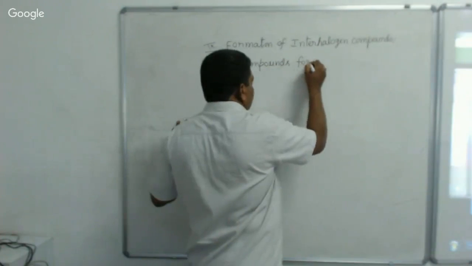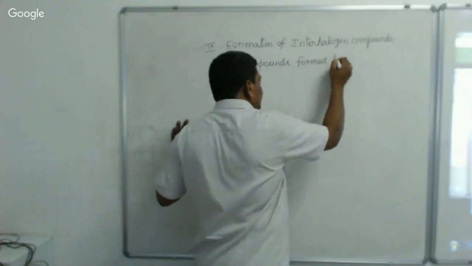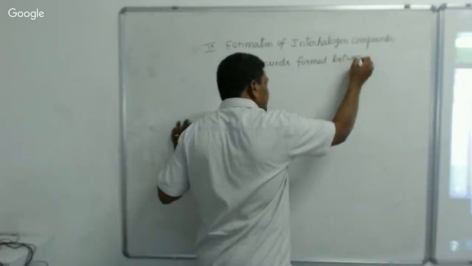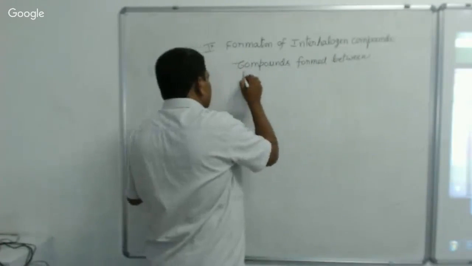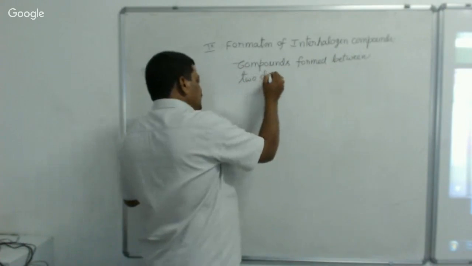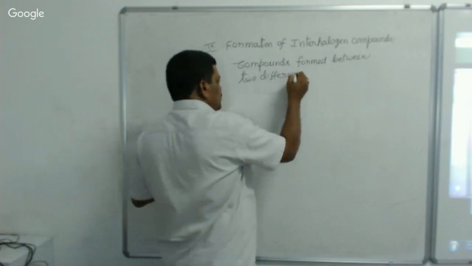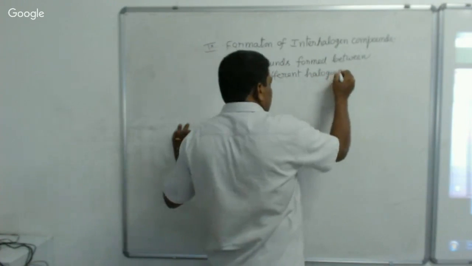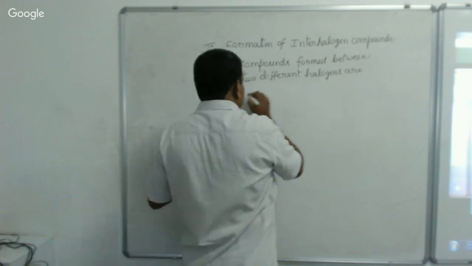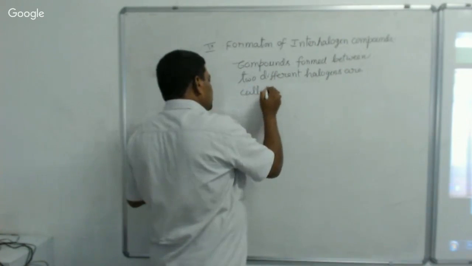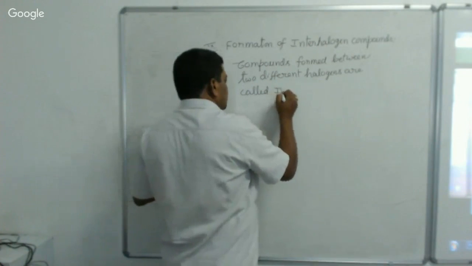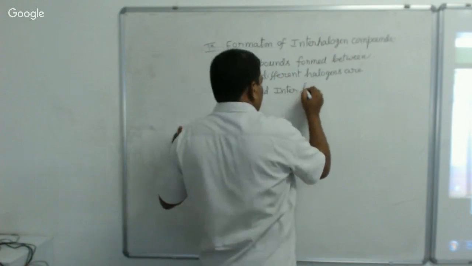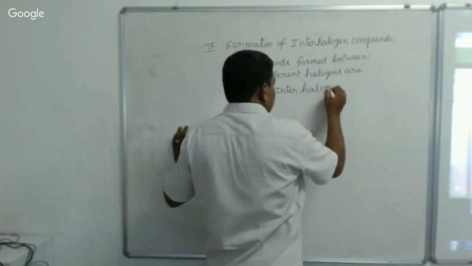Compounds formed between two different halogens are called interhalogen compounds.